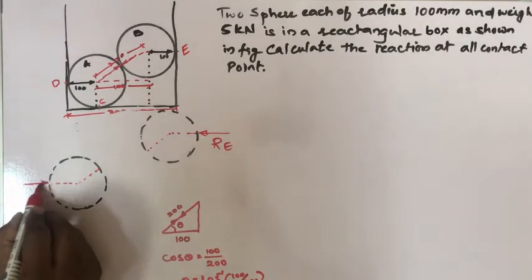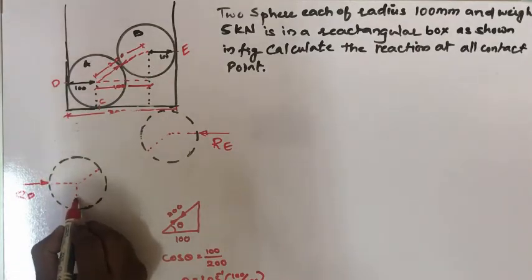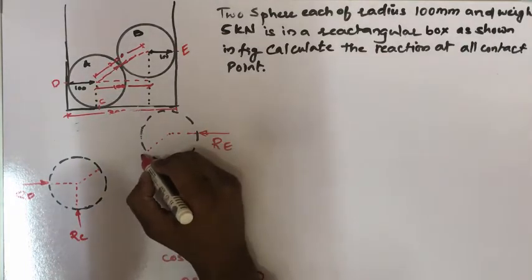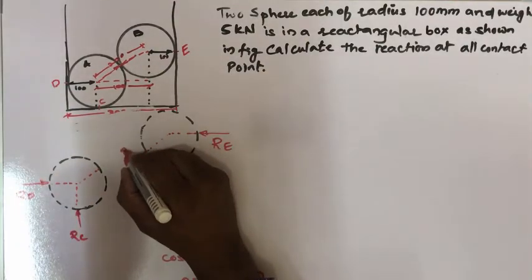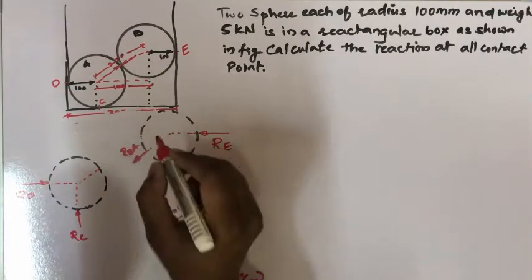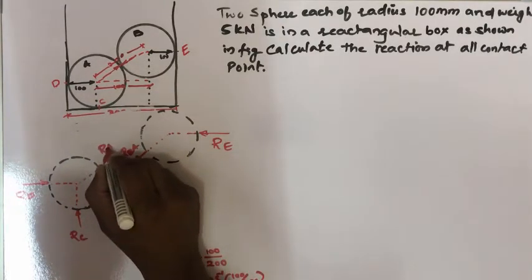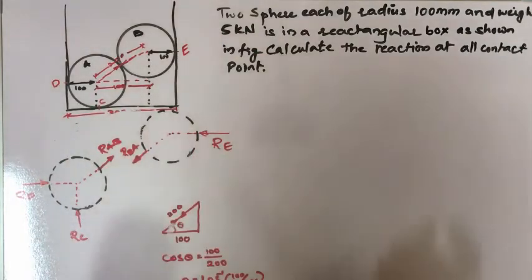Then there is RD, then one more reaction which is RC. In this case it will have the reaction on sphere A, so I'll write RBA. This will produce the same reaction, which is RAB. So these are the reactions we'll get.